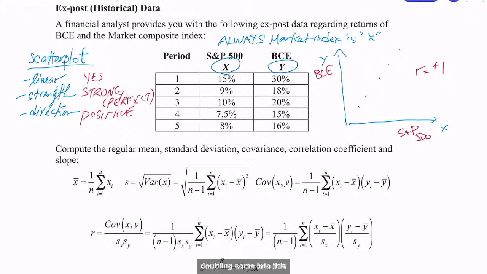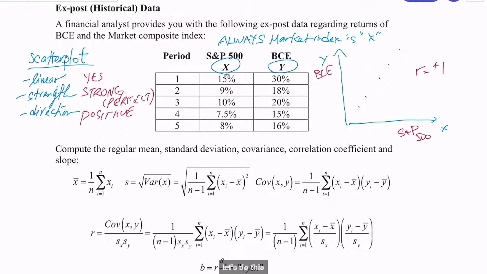Where does the doubling come into this? R is 1. It's positive. It's perfect because it fits perfect on a line. It's perfect. Strong, positive relationship. But where does the 2 go? Okay, you guys don't know.